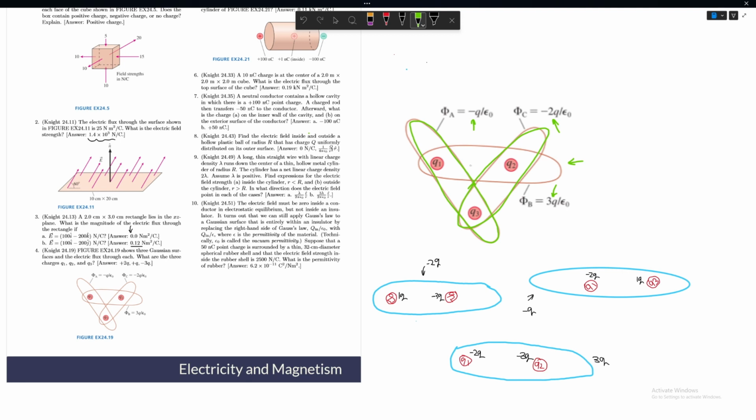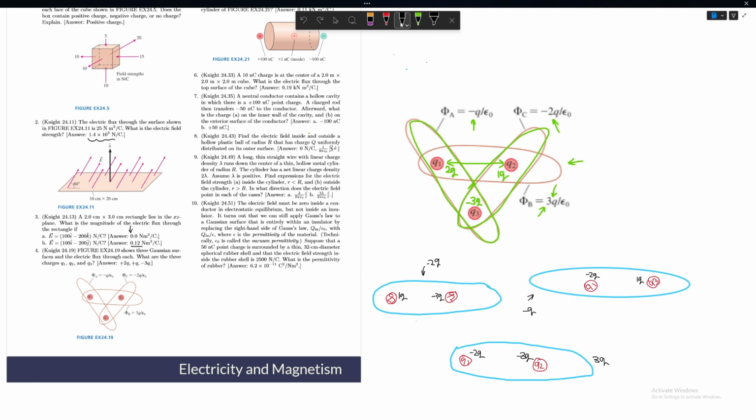So if this causes negative 1, and this causes negative 2, then this must be, let's say, negative 3. In that case, this has to be 2, and this has to be 1. So now, when we add these two together, I will get a positive 3. When I add these two together, I'll get a negative 2. And when I add these two together, I'll get a negative 1. And that's one combination you can make.